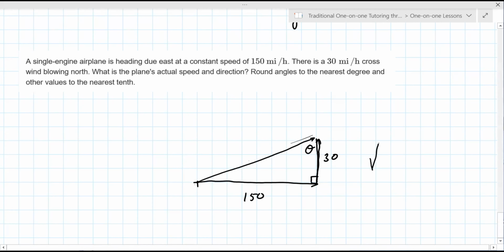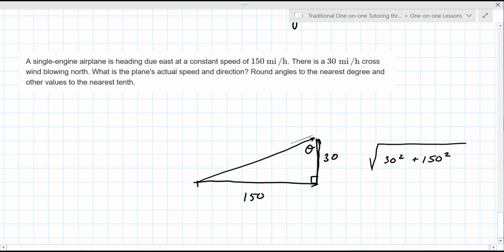Try to enter it all in one step there. 152.9. That's great. Now we got to find this angle up here.